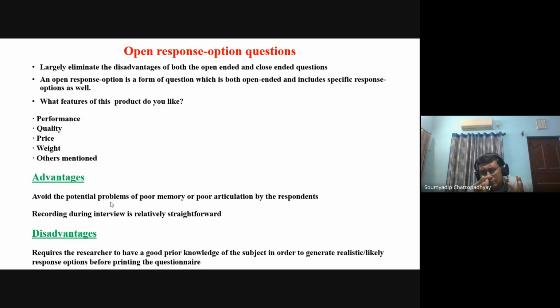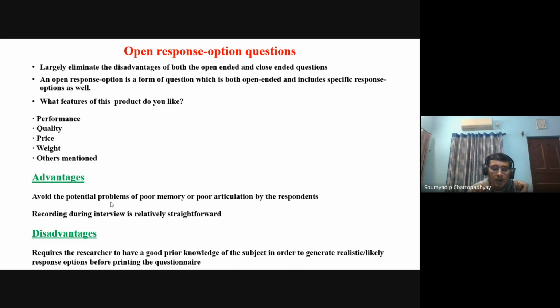But you can think of a broad guideline: in cases where it is felt that the respondents need assistance to articulate their answers or provide answers on preferred dimensions determined by the researcher, then definitely closed questions should be used.